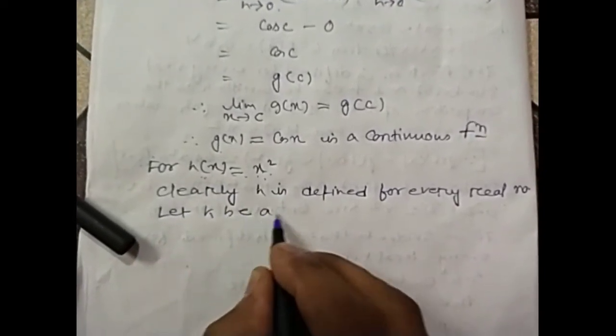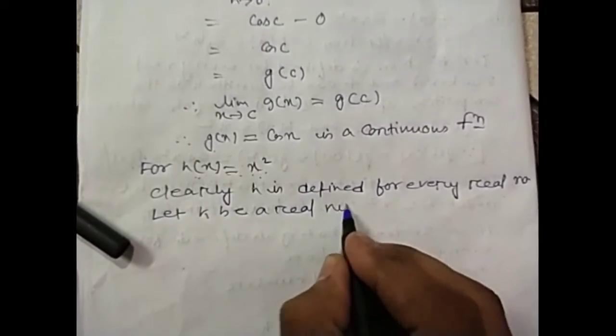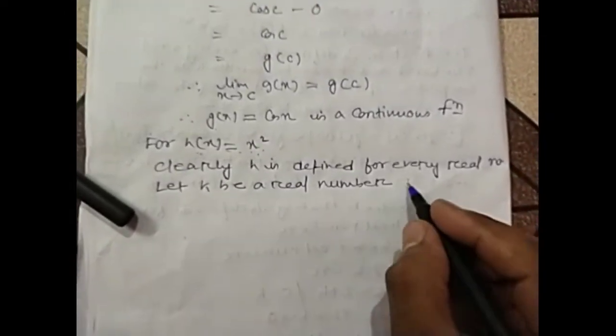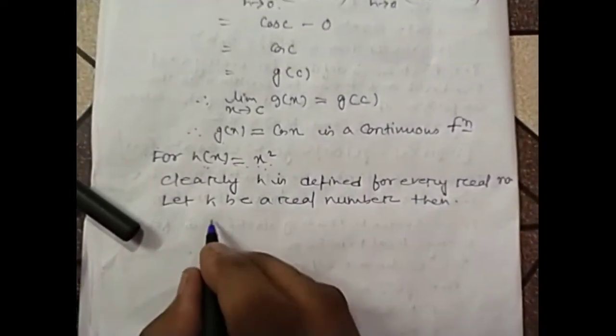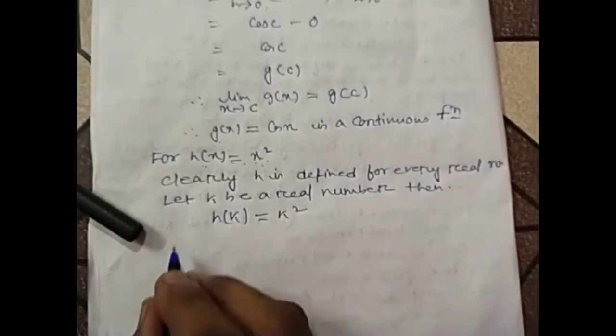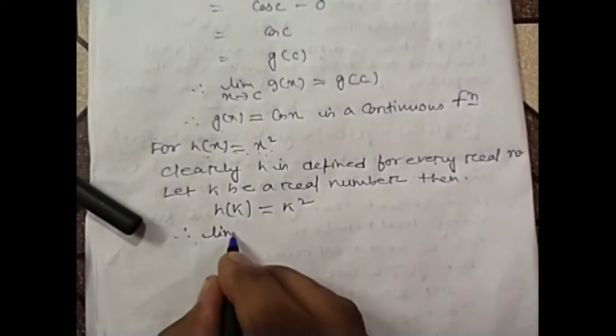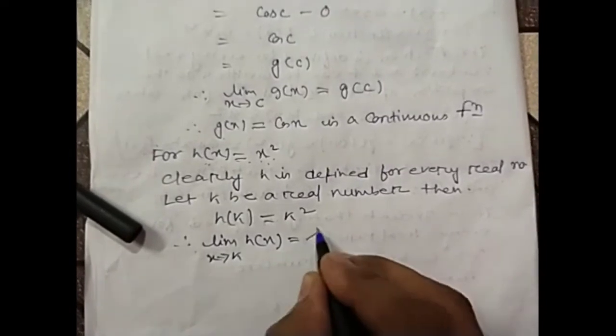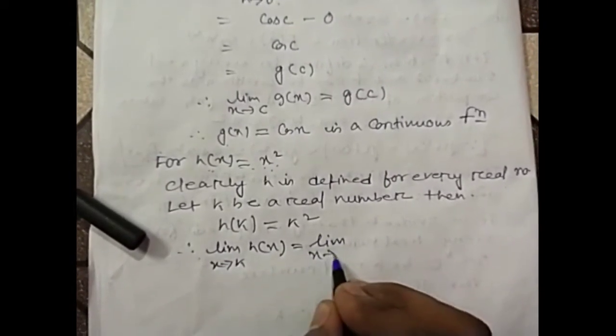Let k be a real number, which means a point on the number line. Then h of k is equal to k square. Therefore, limit x tends to k of h of x is equal to limit x tends to k of x square.